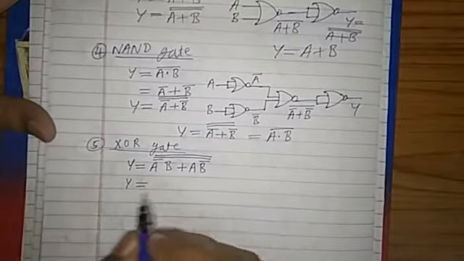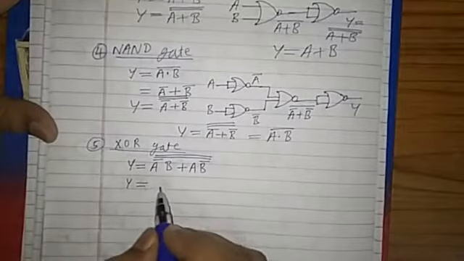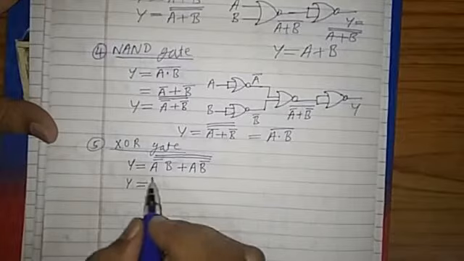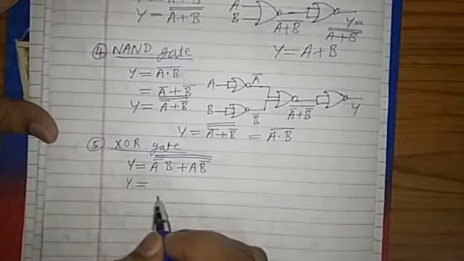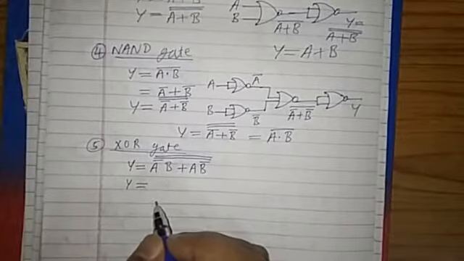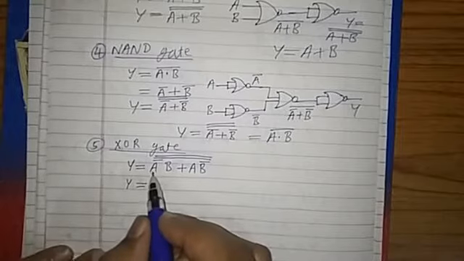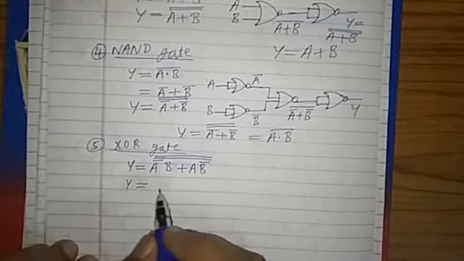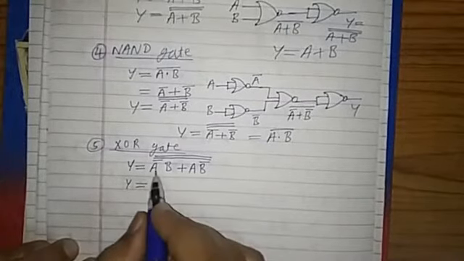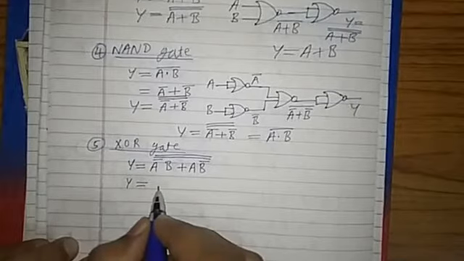For that I can write it this way. Let it be this, and then A bar B I can write. Can I write like this?